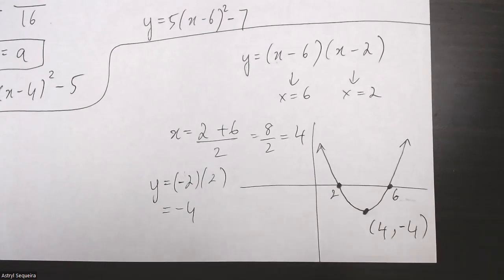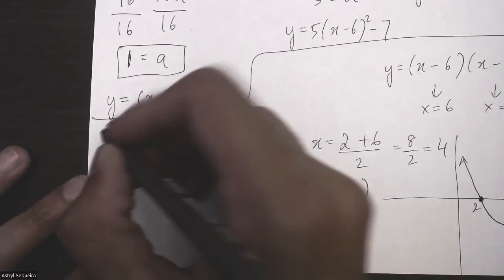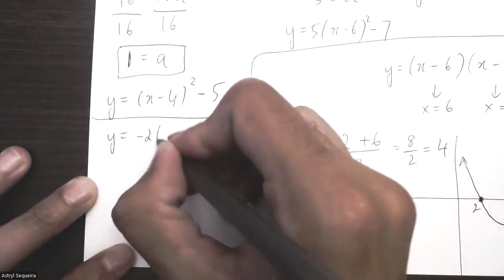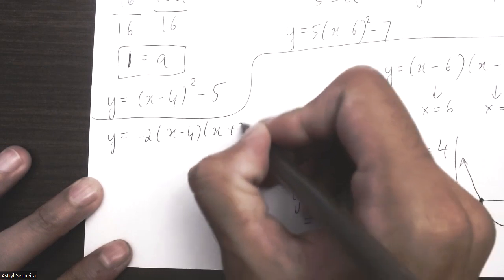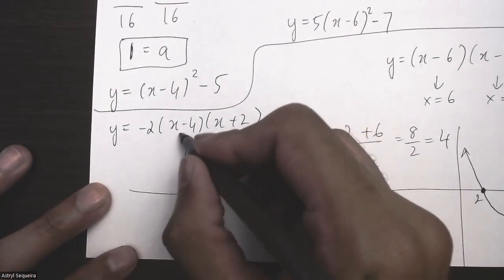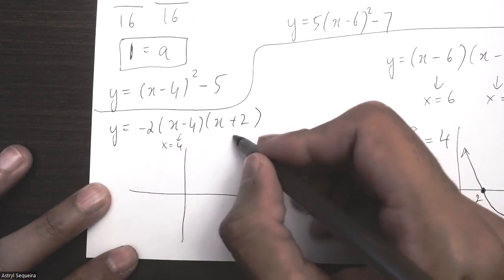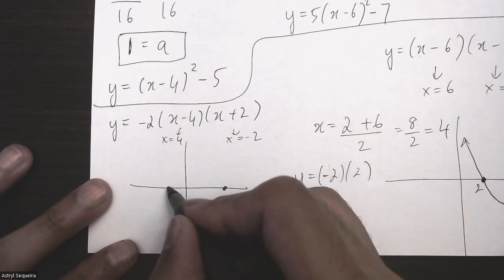Let's try another one. Over here, we have y equals negative 2(x minus 4)(x plus 2). So again, similar idea. I'll state your zeros first. x equals 4 and x equals negative 2. So positive 4, negative 2.